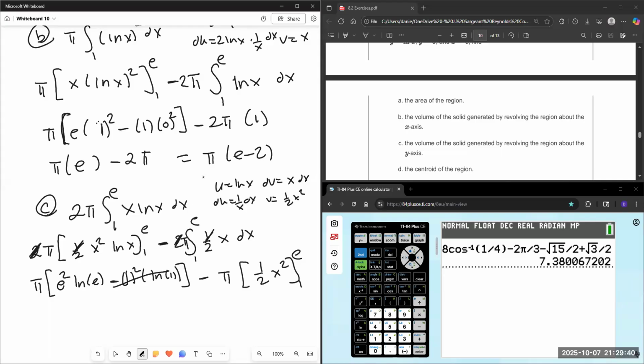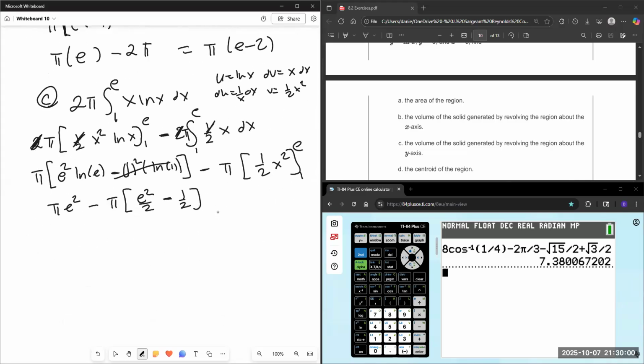So this is pi e squared minus pi times e squared over 2 minus 1/2, which is going to be pi e squared over 2 plus pi over 2, or pi times e squared plus 1 over 2.